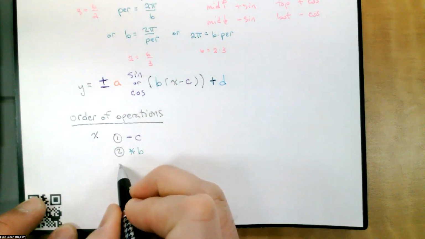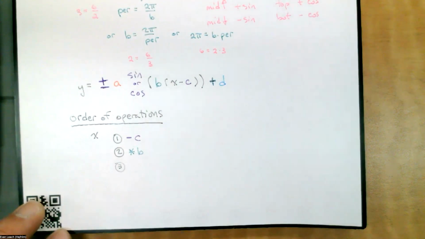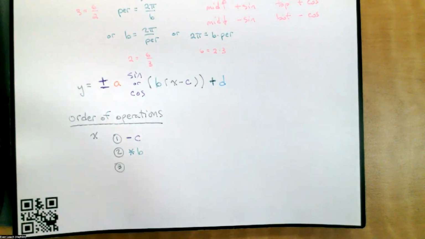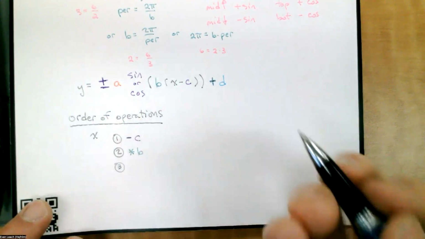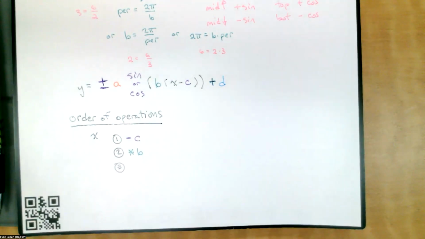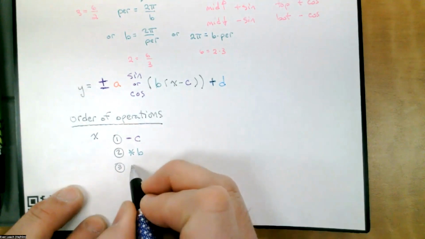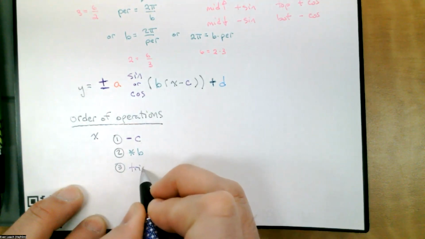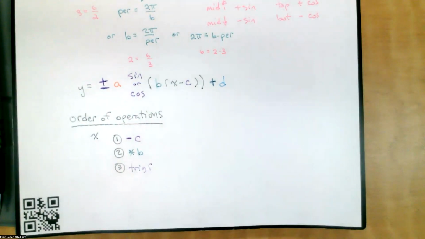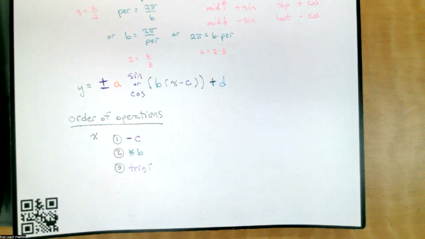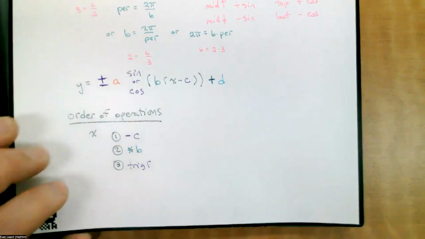What's the third operation that we do? Sine or cosine, plus or minus. We take the sine or cosine, so I'm going to summarize that just by saying trig. I'm going to put parentheses because we apply the trig function to whatever we got after we subtracted c and multiplied by b. After the trig function, what's the next operation? Multiplication by a.